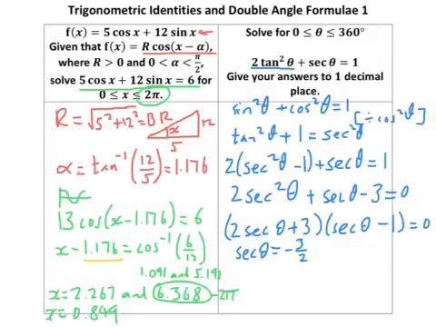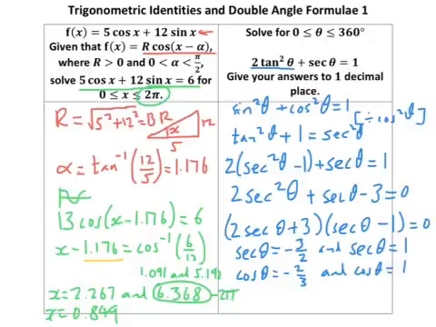You're going to look at that and think, oh no, nightmare, can't do that, but we can, because we know sec theta is 1 over cos. So actually what we've got is cos theta equals negative 2/3, which can work, and cos theta equals 1.